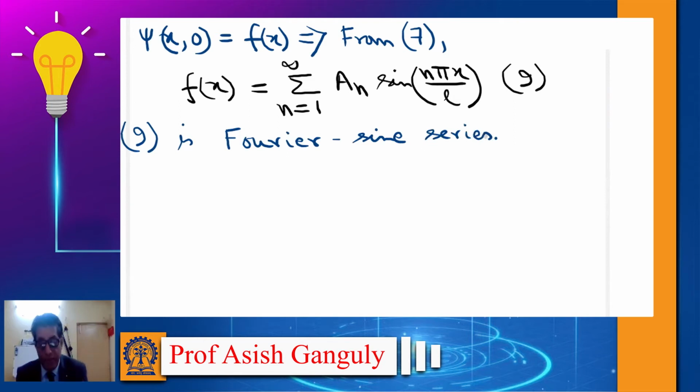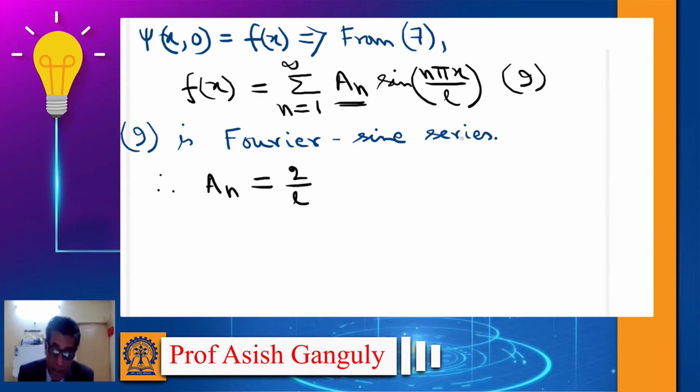So by the Fourier inversion theorem, you actually know this an. There will be a 2 by L factor because it is defined only on the integral 0 to L. So you have to make an extension from minus L to 0 and then make an identical copy to apply this theorem, right or not?